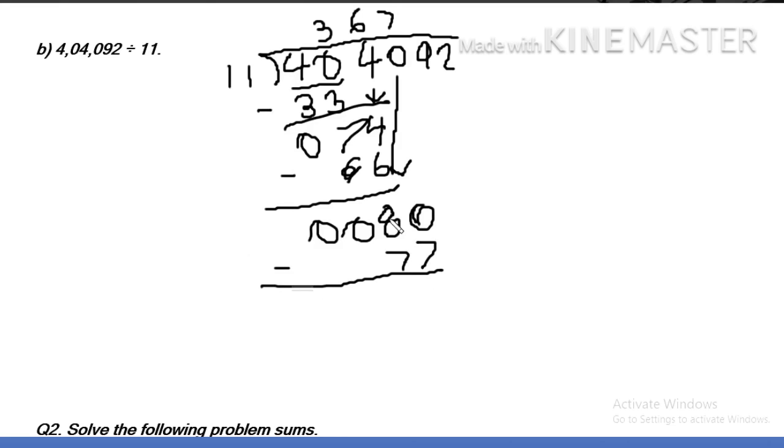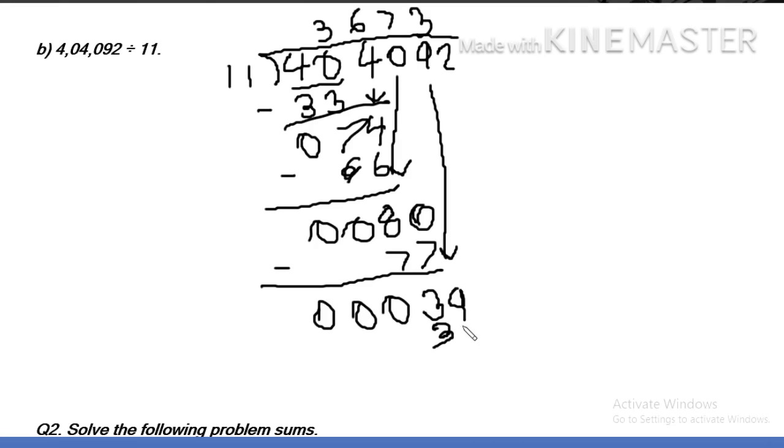So we have to borrow and this will be 3, 0, 0 and 0. Then copy 9 and 39, 3 times 33. 6 and this will be 0.